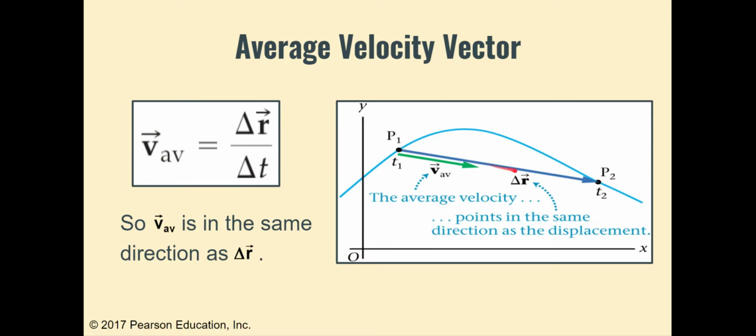So simply connecting those 2 points with a vector, that is going to be our change in position, and it would be our change in time. But those values will be different, and that's going to tell us our average velocity vector. So it is going to point in the same direction as displacement.